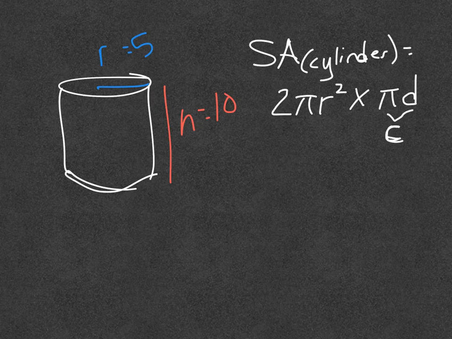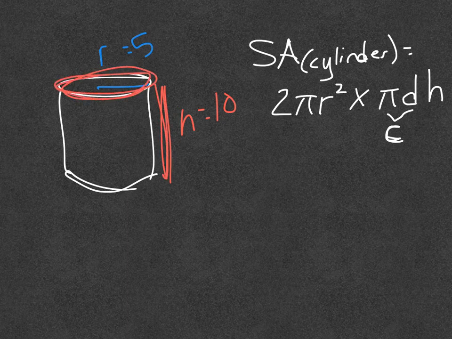Pi diameter equals circumference, but we have to also times it by the height of the cylinder, because we need that value, and then we also need that distance around.